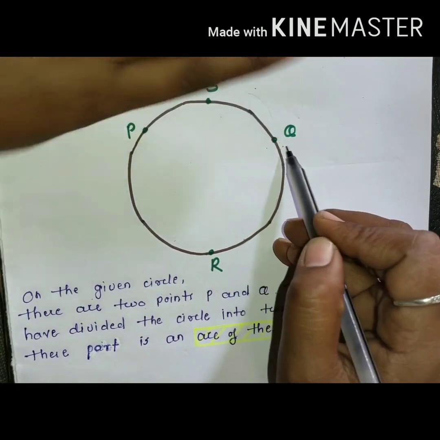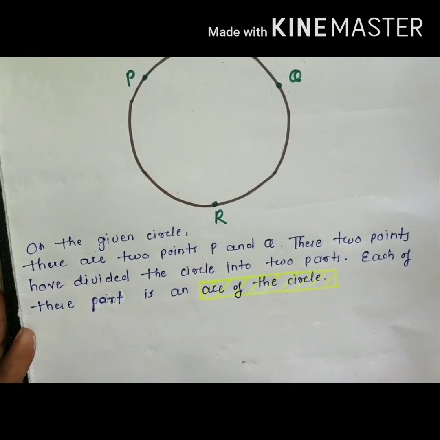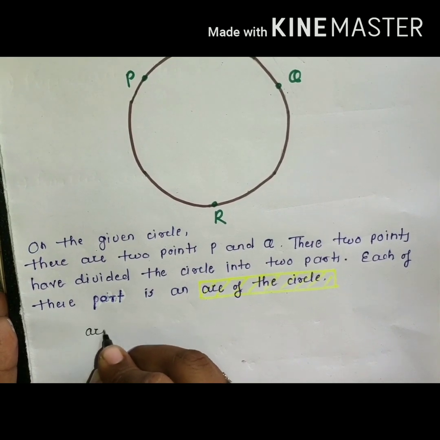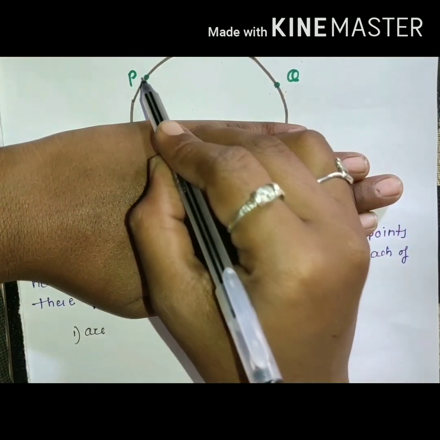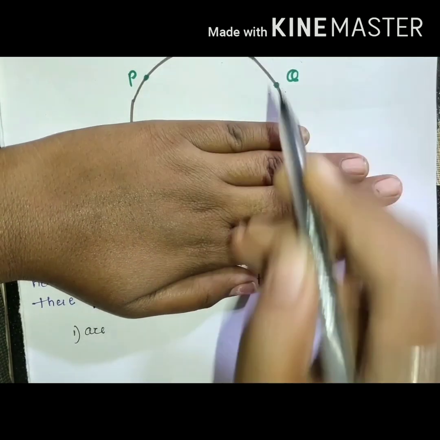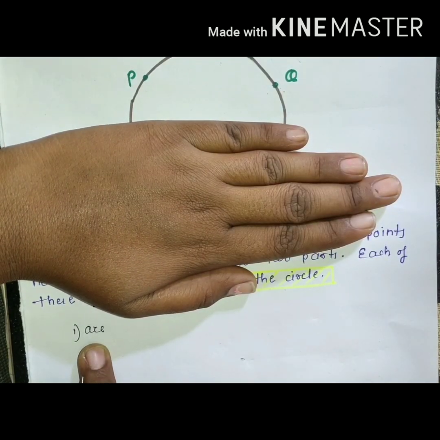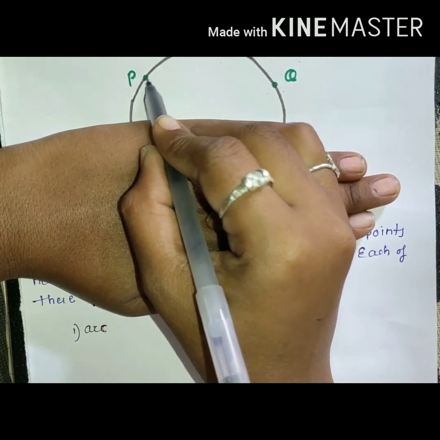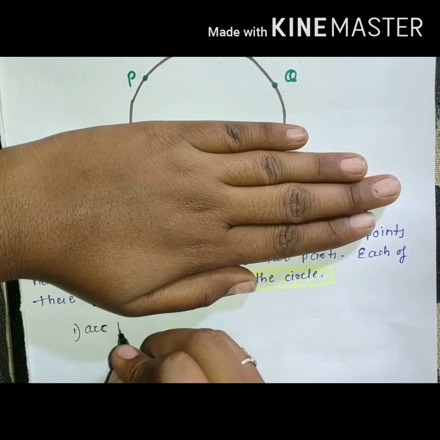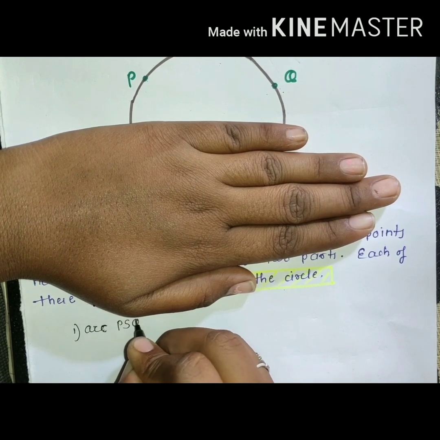And if we want to write the name of the arc, how to write? First we write the word arc, A-R-C, then the name: arc PSQ.